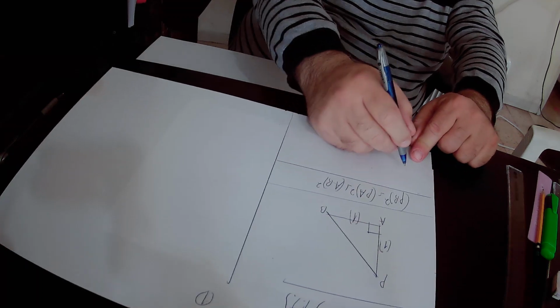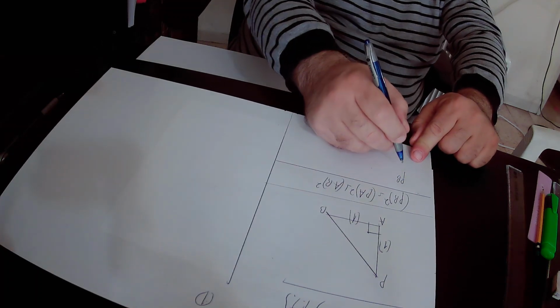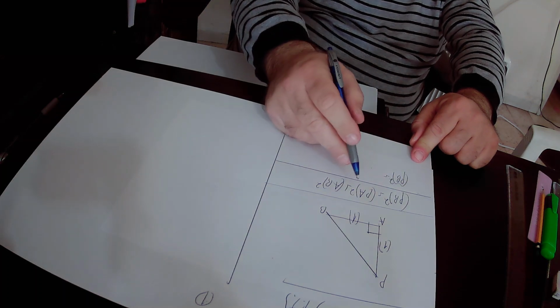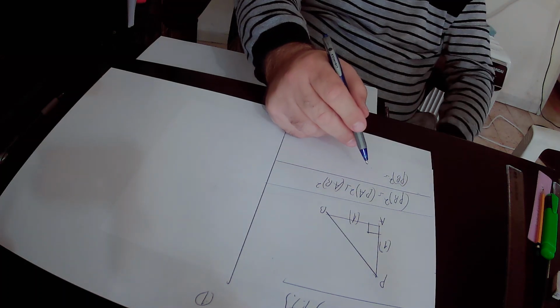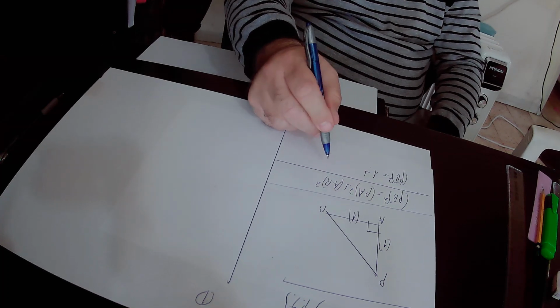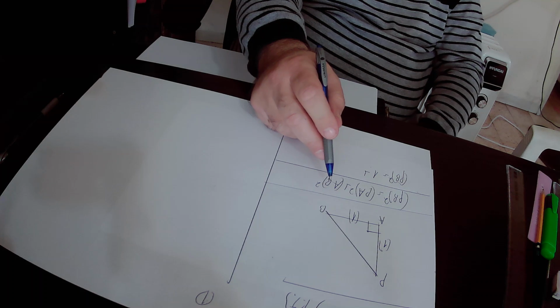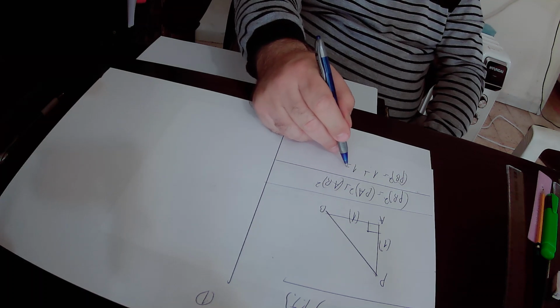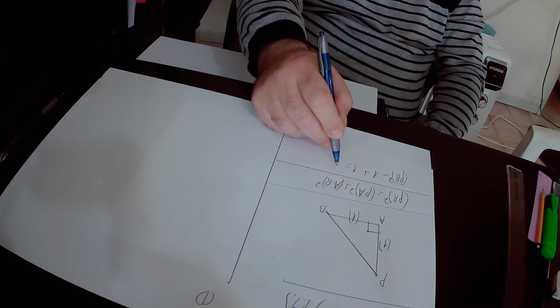So PB square equals PA square. PA is 1, therefore PA square is 1 square, that is 1. Plus AB square. AB is 1, therefore AB square is 1 square, that is also 1. So in total PB square equals 1 plus 1, that is 2.